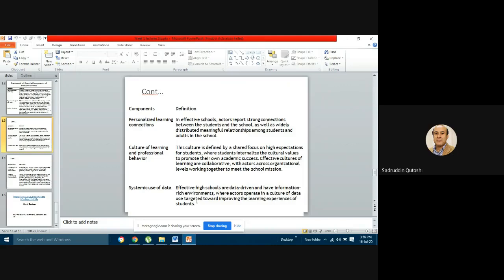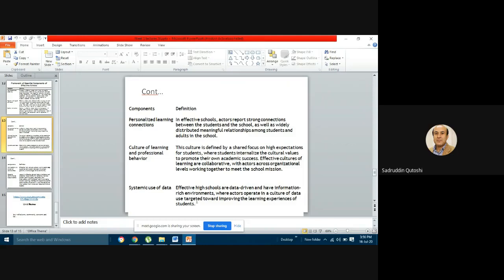Do you have a similar sort of information rich environment in your school? Do you have a system that is data driven? Simply, are you talking about any sort of development that is based on evidence, or you are just talking without any data, without any information rich resources?